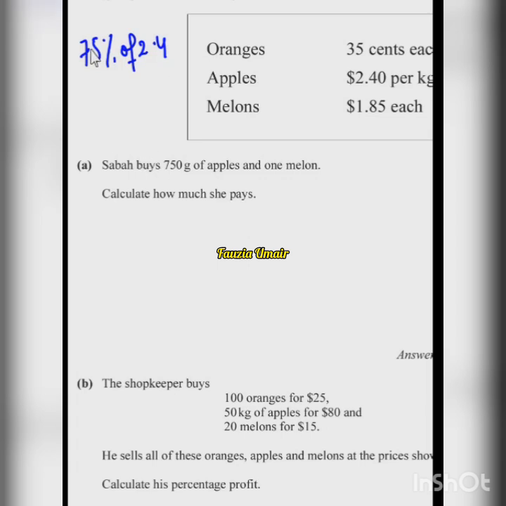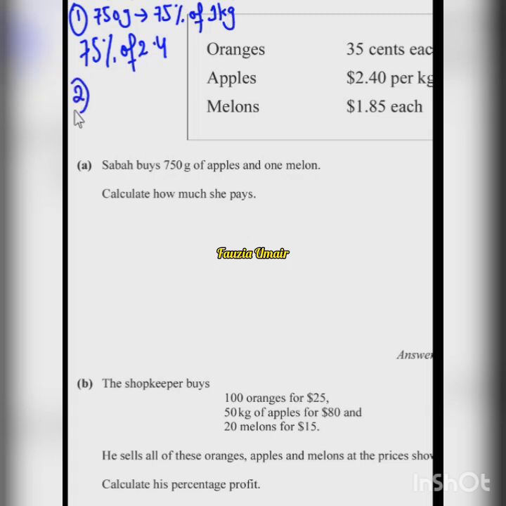This is method 1. We know the price of 1 kg, so we can solve it.